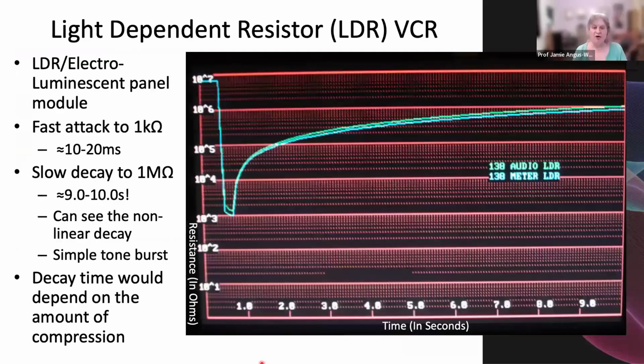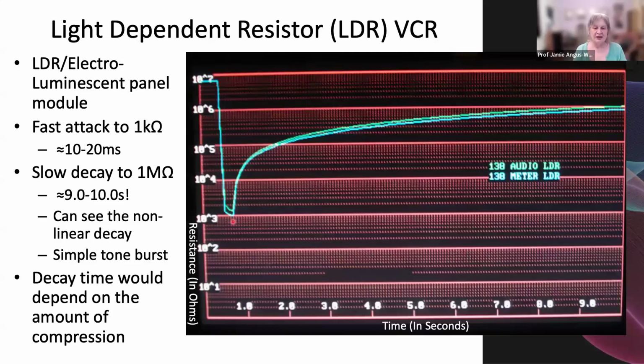The combination of the two modules had a very fast attack. You can see there from a high resistance here, it's sort of on the order of 10 megohms. The minute you apply light, it's down to about a kilo ohm in probably under 10 milliseconds. Note the time base here is in seconds, not in milliseconds.